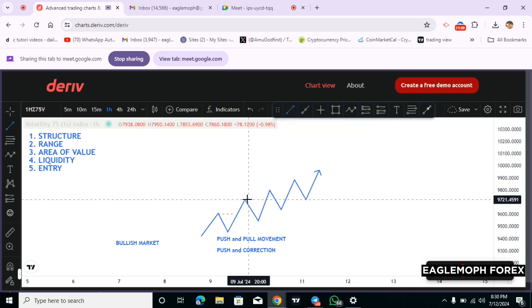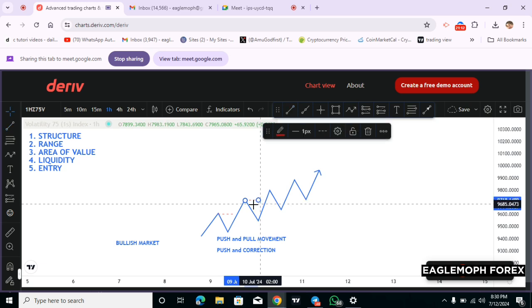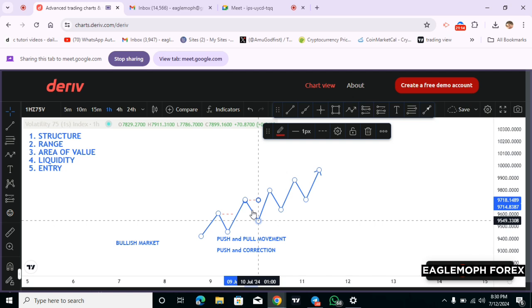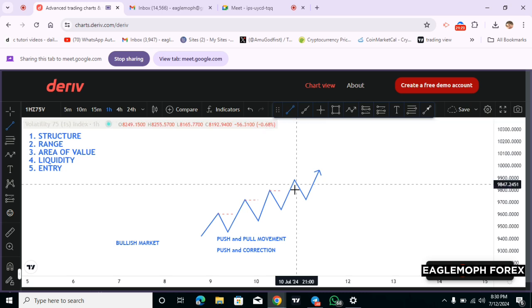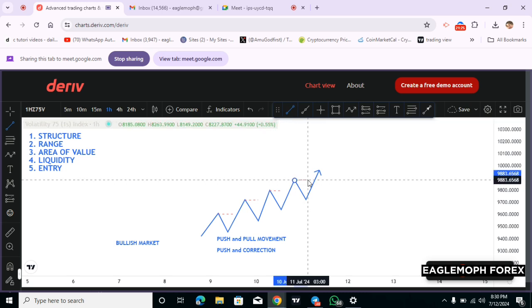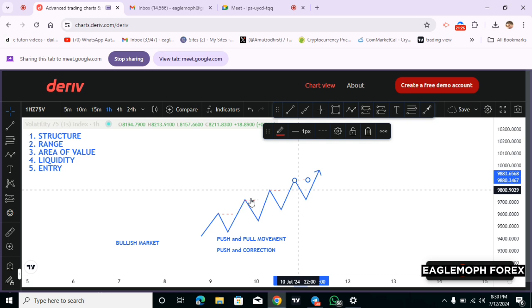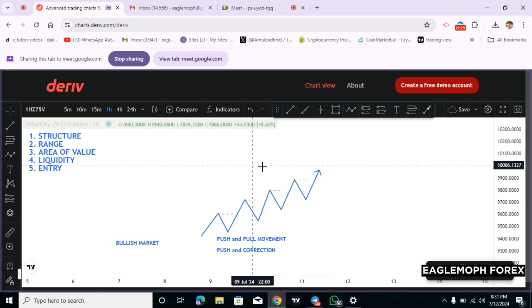Then this is another high, the high price the market reached before the correction took place. The same thing here again. These are other high points before the market did a correction. Then these are other high points before the correction occurred. So all these places are called highs.